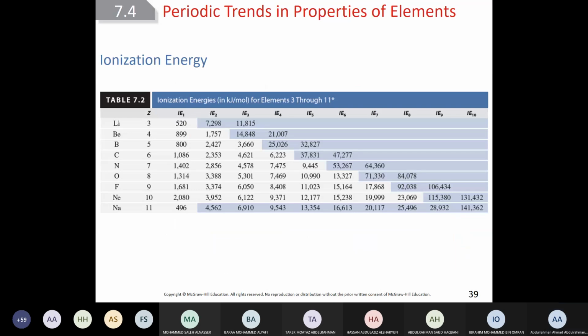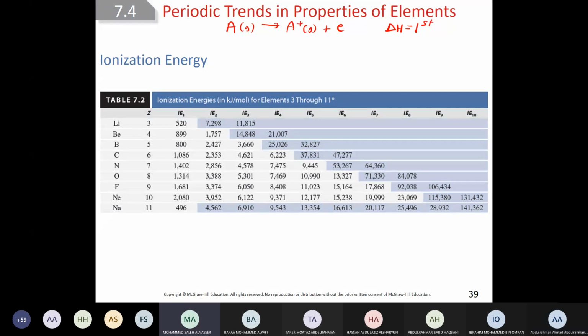Next. What's this? Ionization energy. What do we call the reaction in which A gas goes to A plus gas plus an electron? What do you call this energy? Delta H equal to what?